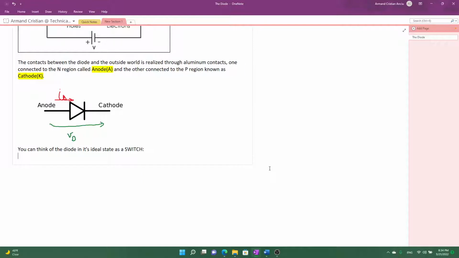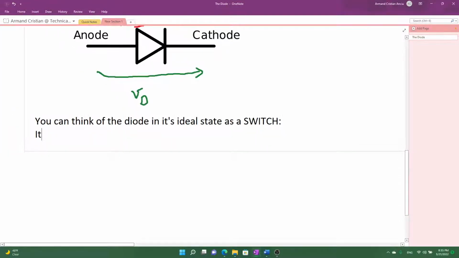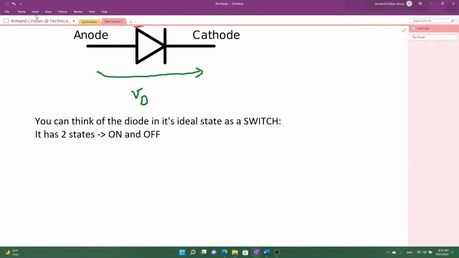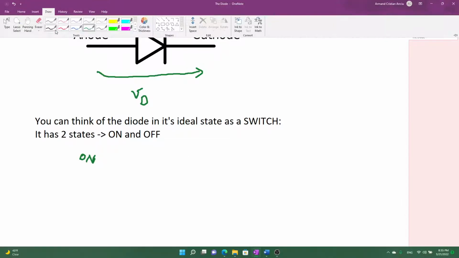Like I said, you can think of the ideal diode as a switch, meaning it has two states. Which are those states? The on state and the off state. Very simple. So let's go ahead and draw the model of the ideal diode for both the on state and the off state. In the on state, our ideal diode will look a little something like this.